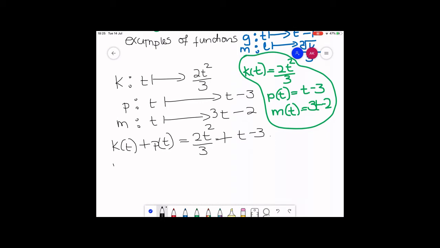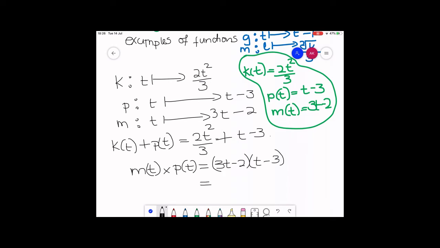We can multiply functions. So m(t) multiplied by p(t) is equal to 3t minus 2 multiplied by t minus 3.